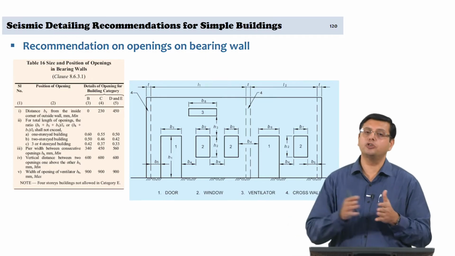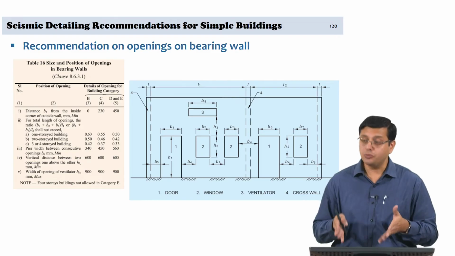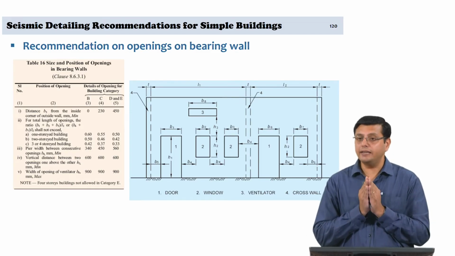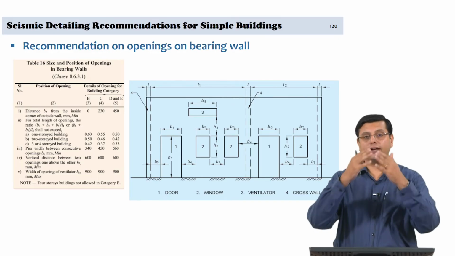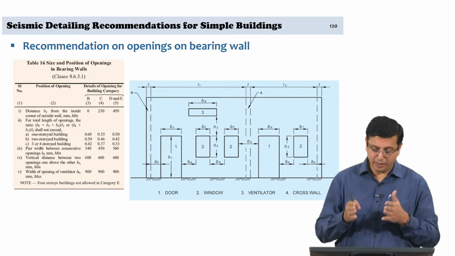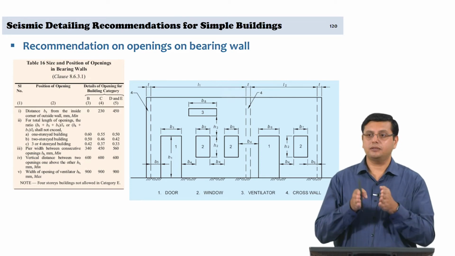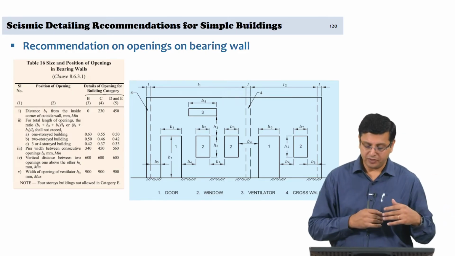And also what should be the minimum distances between openings. If you have very little resisting material between openings, it is going to actually work as a larger opening, and that is not desirable. So, minimum width between openings and minimum width between the edge of the wall and the opening is prescribed.